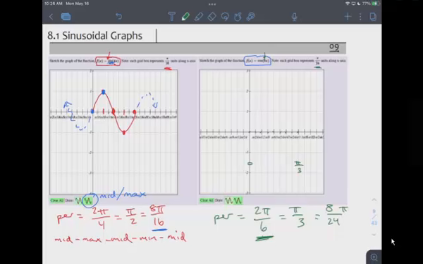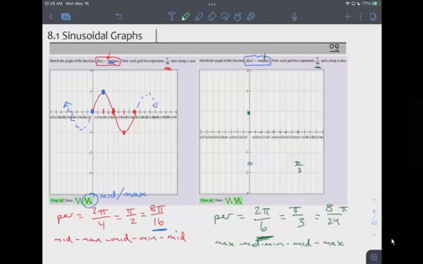So that's the interval over which it takes for the cycle of cosine to complete one time. Okay, so what we're going to do is we'll look at the cosine: it starts at a maximum, then goes to midline, then minimum, midline, then back to maximum. So those are the 5 critical points on a cosine graph. Our first point, we're going to start at the maximum, which is 1. Or actually, let's cut this in half and quarters.